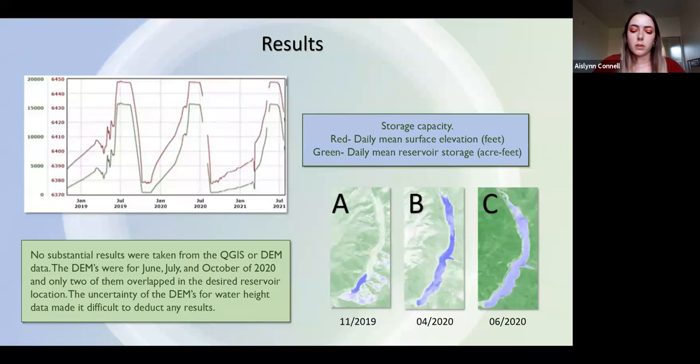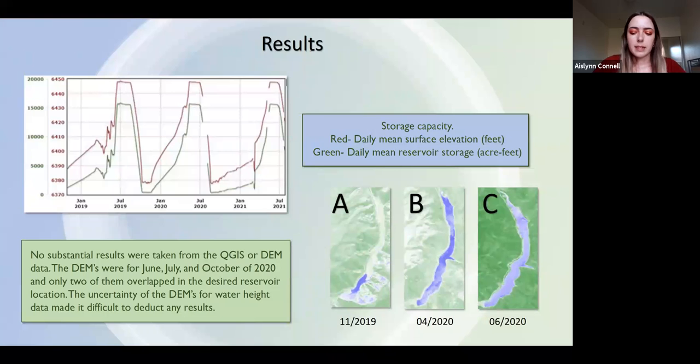I then used Google Earth Engine to view the NDWI imagery for November of 2019 and April and June of 2020. And I compared these water levels with a USGS storage capacity graph. And we can see that in November, the storage capacity is the lowest, and this shows in both the graph and the imagery.